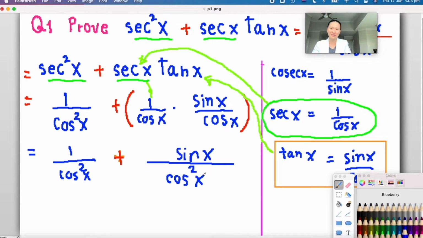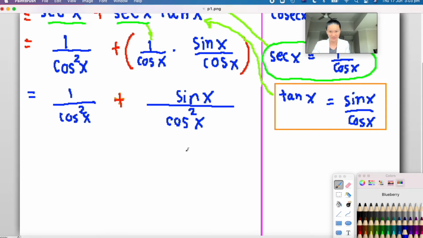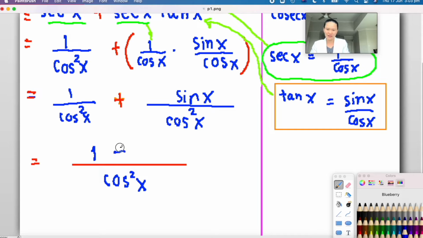Can you see something? We have the same denominator right now, yeah? Does it make sense? So from here I have the same denominator. Obviously, 1 over cos x squared plus sine x over cos x squared. I see it, same denominator. It is cos x squared. And then I have 1 plus sine x. It is 1 plus sine x.